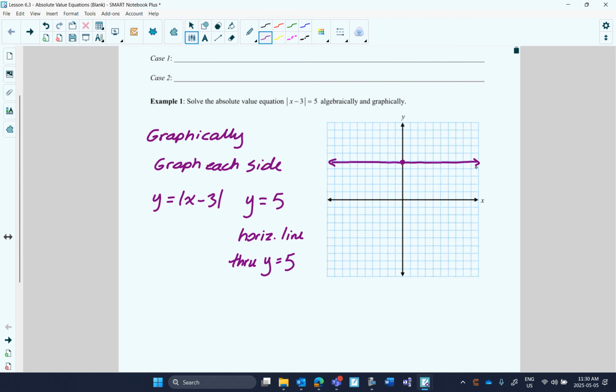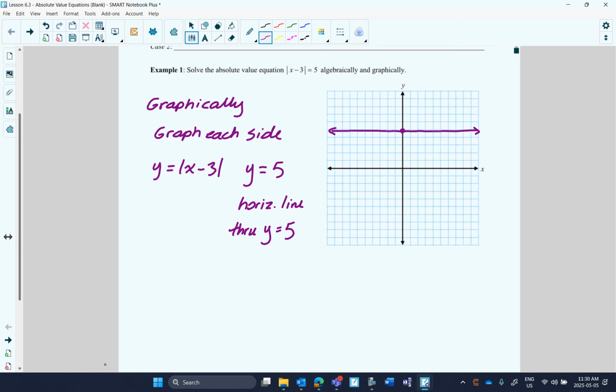How do I graph this? Well, we should know how to do this. We just learned it. What do I do first? You guys just told me how to graph an absolute value equation. So graph y equals x minus 3, which is y equals mx plus b.